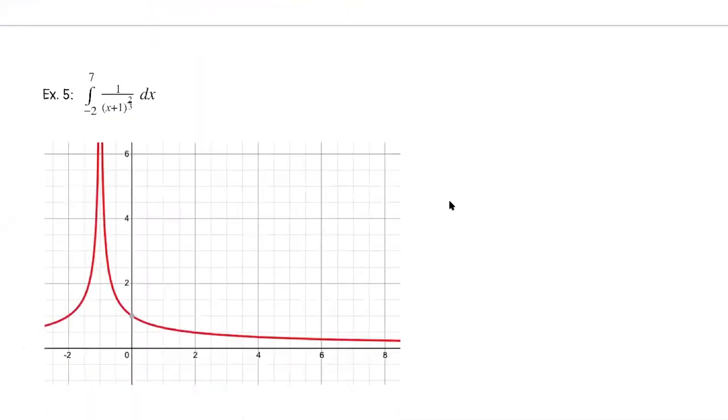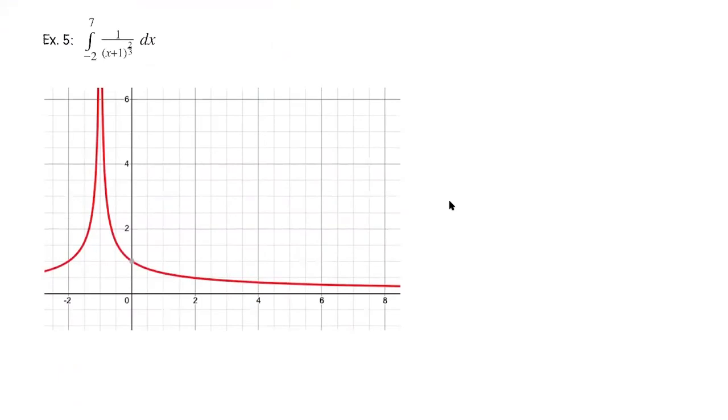All right, folks. We got one last example here. And let's take a look at this one. So we've got the integral from -2 to 7 of 1 over (x+1) to the 2/3 power. Now, this tells me that there is a vertical asymptote at x equals -1.